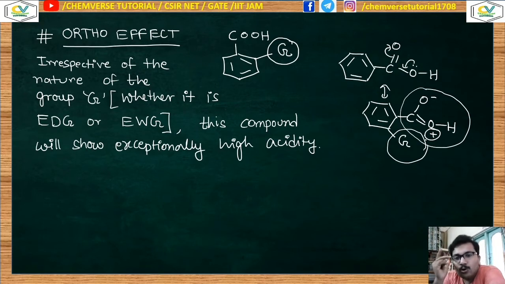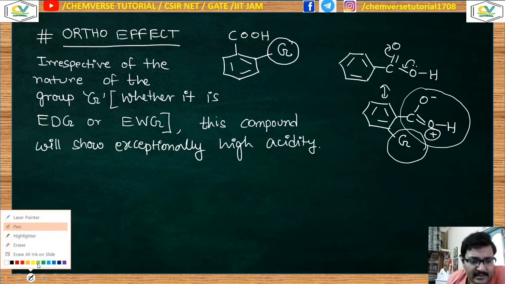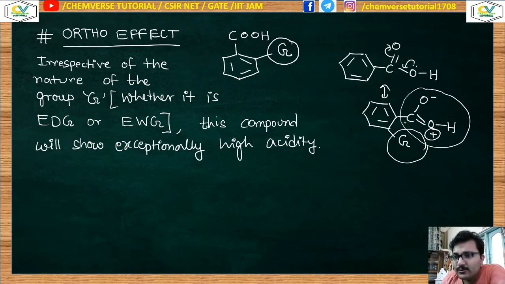But if any kind of group is present at the ortho position, that group will exert steric repulsion, and due to the steric effect the CO2H group now rotates itself.